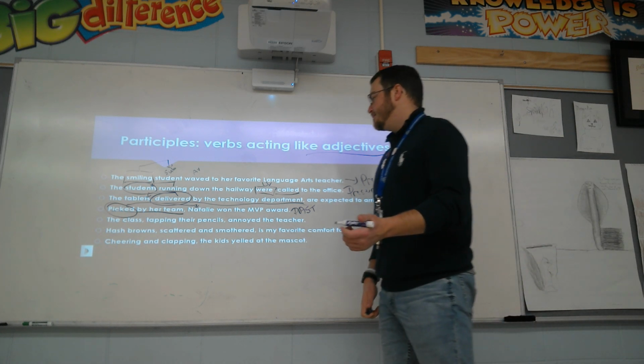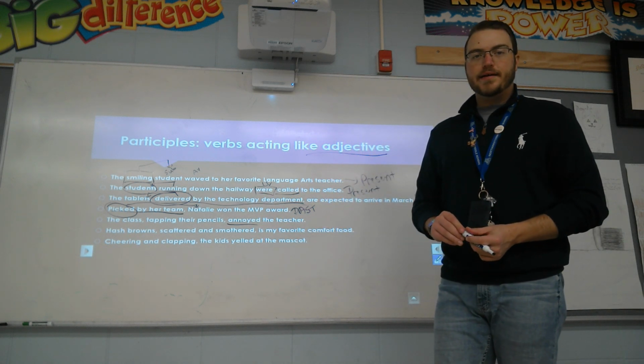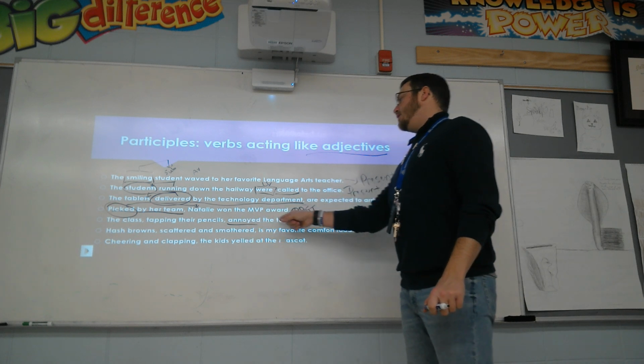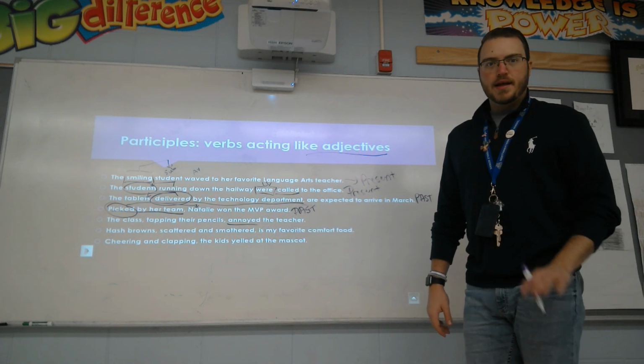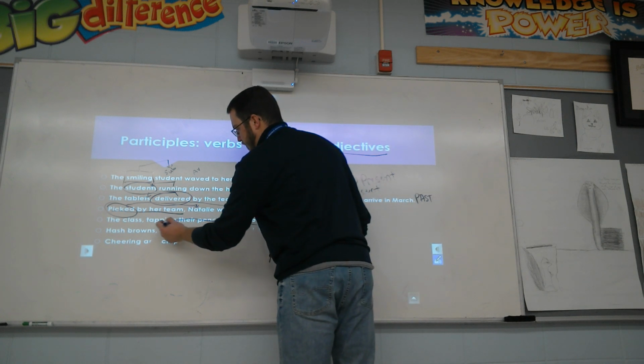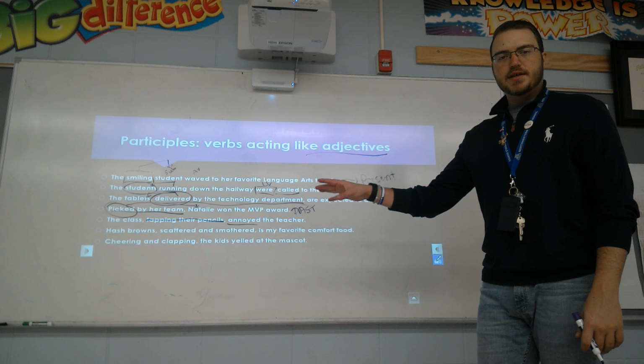Now, here's an example of an ed verb that is not a participle. The class, tapping their pencils, annoyed the teacher. How do we know that this is our main verb? Well, we take out our extra information that's separated by commas. The class annoyed the teacher. They're doing the annoying, it's an action.